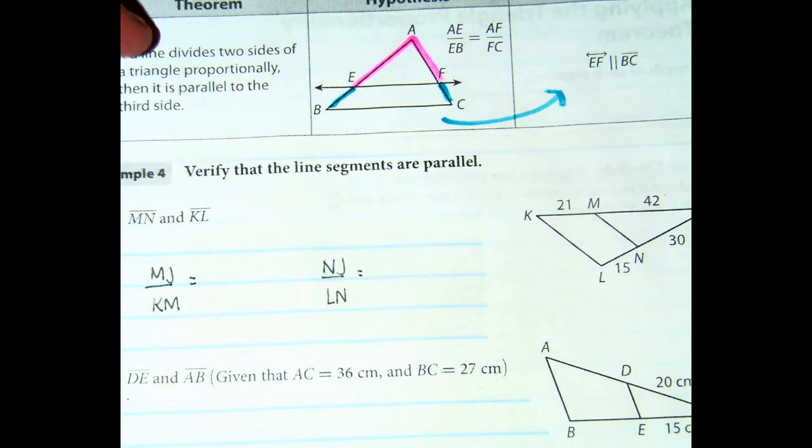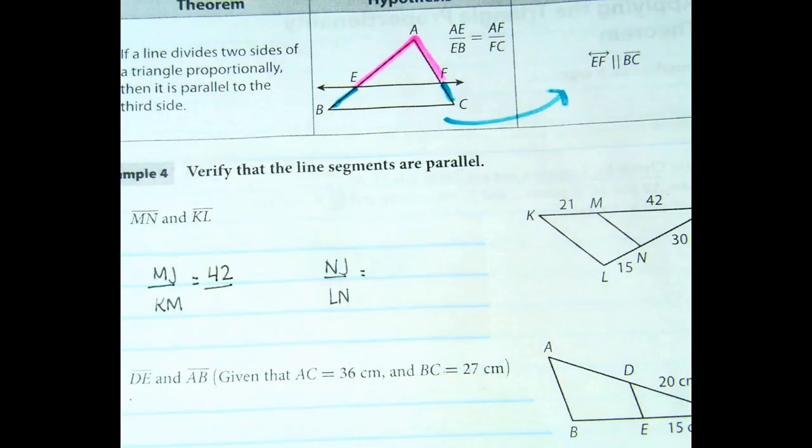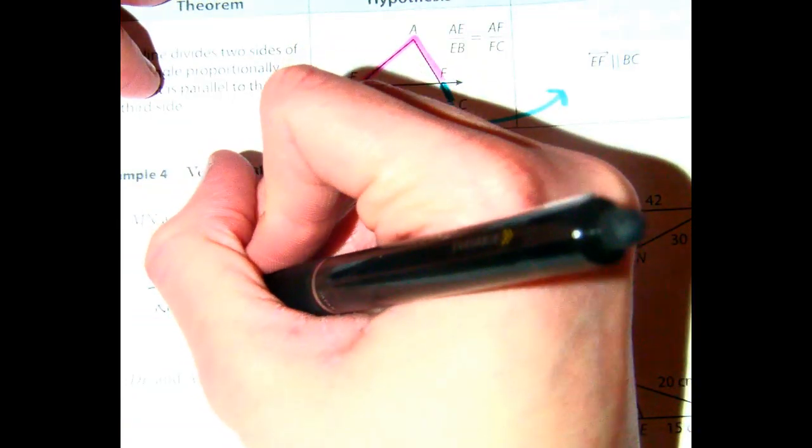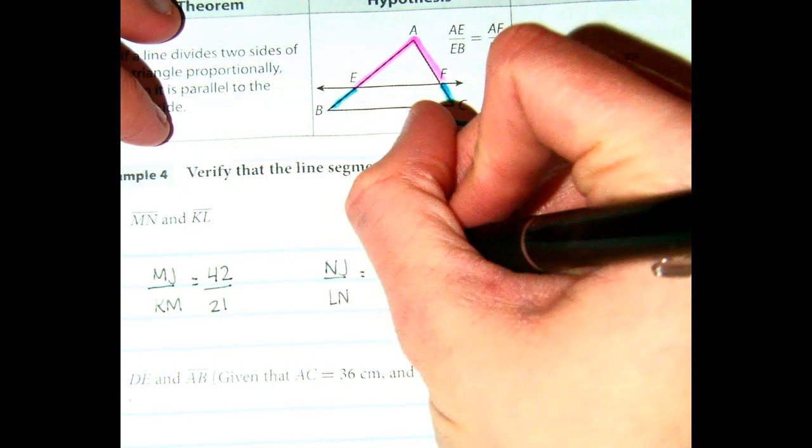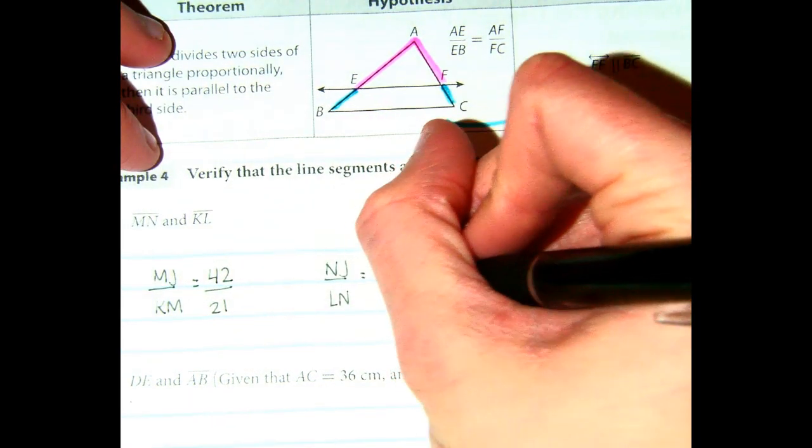So MJ is 42, and KM is 21. And NJ is 30, and LN is 15.